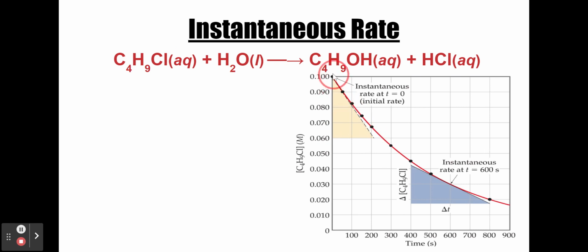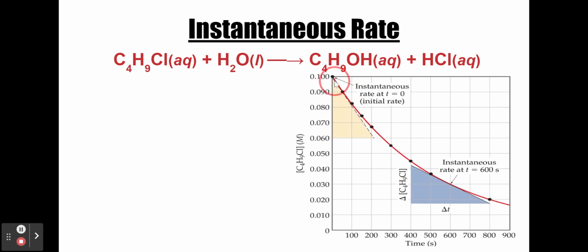We can figure out the instantaneous rate from this tangent line, this dotted line, and then at a later time, like 600 seconds, we get the slope of the line here. We want the tangent line, the line touching the curve at our point, and we figure out the slope with the triangle we draw.